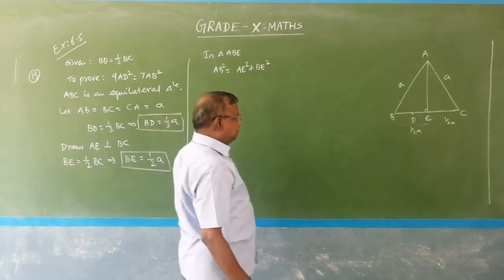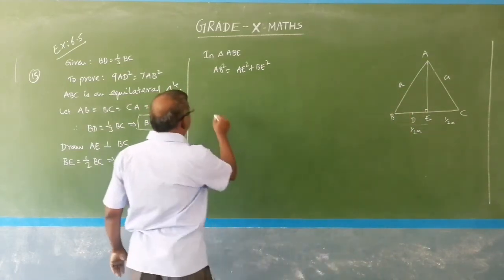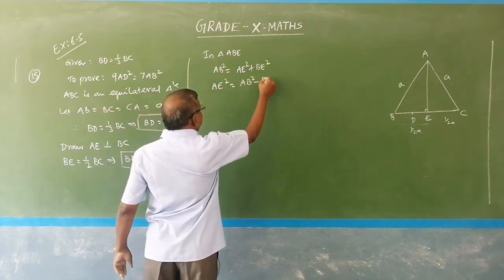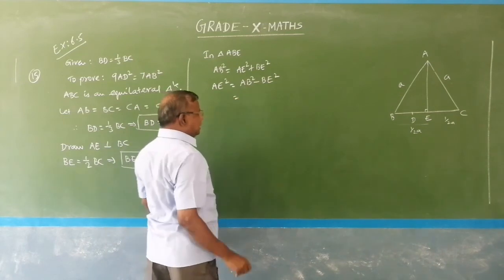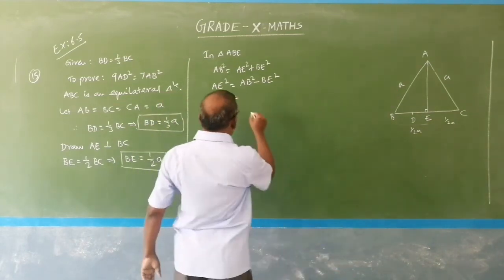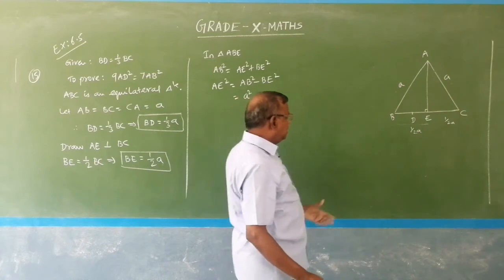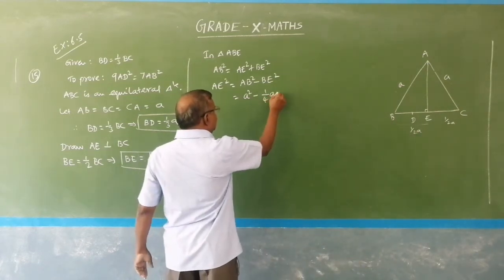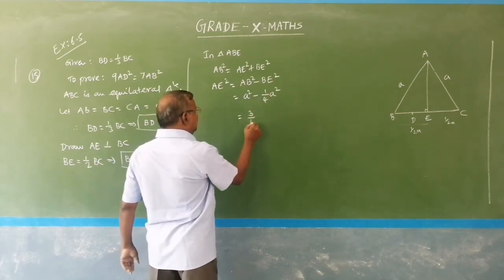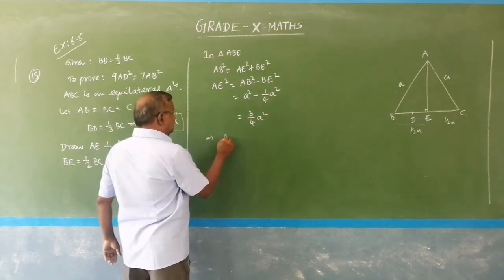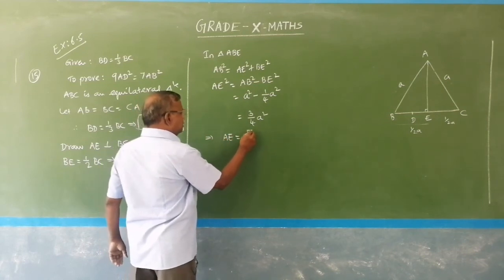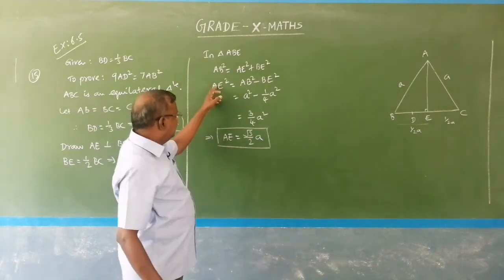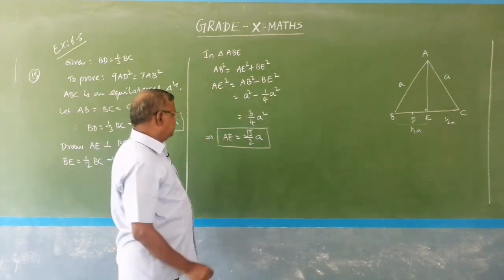We need AE because it is the altitude. So AE square equal to AB square minus BE square, which is equal to A square minus, BE is half of A, so 1/2 A whole square is 1/4 A square. So it is 3/4 A square. Hence, taking the positive square root, AE equal to √3/2 into A.